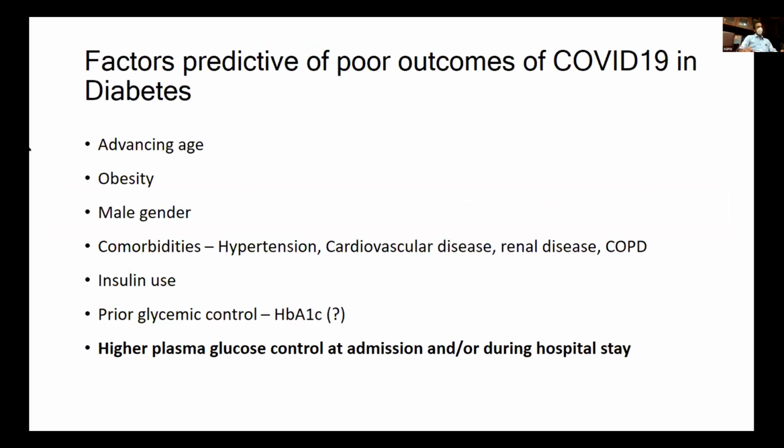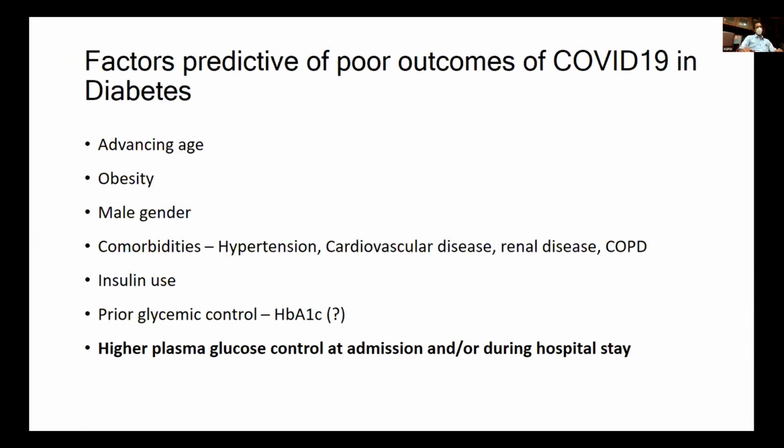Similarly, use of insulin is also associated with a poorer outcome. This has been shown in one study. Let me tell you why. Usually type 2 diabetes patients require insulin after several years of diabetes, like 5, 10, or 15 years.